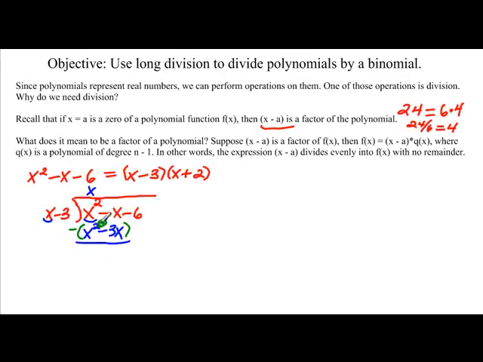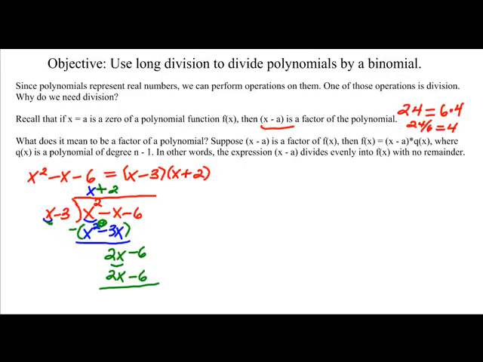This is really negative x plus 3x, which would be 2x, and then we bring down. Well, now we have to say x goes into 2x. x divides into 2x plus 2 times. 2 times x is 2x, and 2 times negative 3 is negative 6.